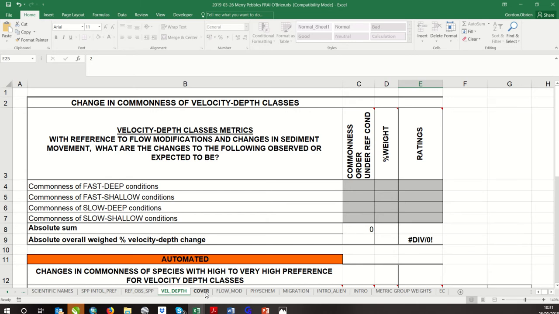Let me repeat that. So all of these metrics are looking at different attributes of fish communities, their preferences for velocity depth, their preferences for cover, their response to modified flows, their responses to modified physicochemical conditions, and migration requirements.